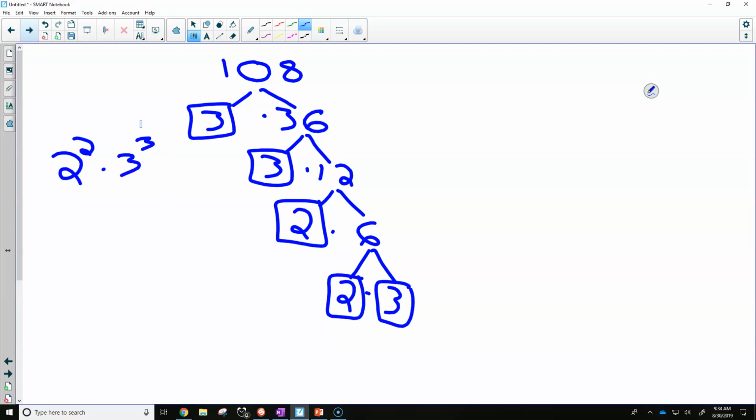Okay. Now, here's the cool thing. And this is why I like this, and this is why it confuses some people, is that some people don't like that there's not just one way to do it, but a lot of people love it because you can play off your strengths and your weaknesses. If you're really good with multiplication, division, prime factorizations, I love them. I think they're fun. Especially when I give you guys puzzles where you have to find blanks.